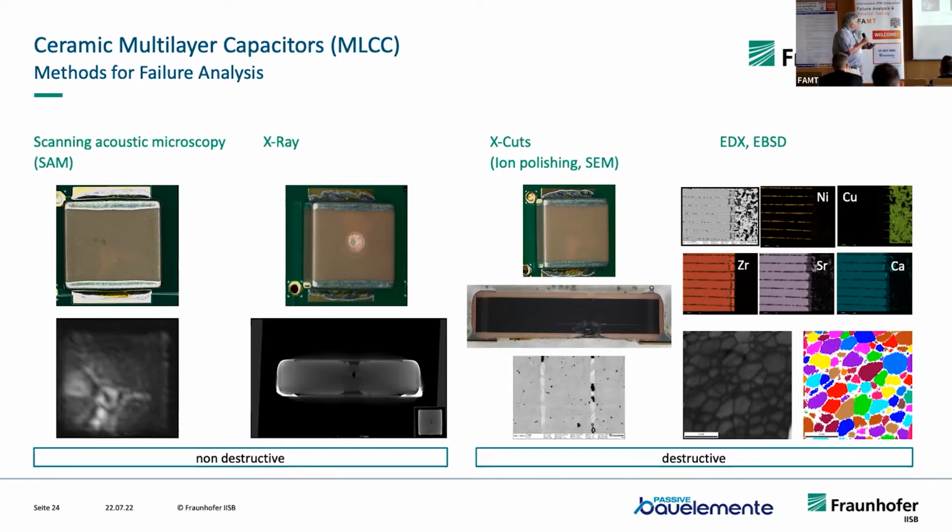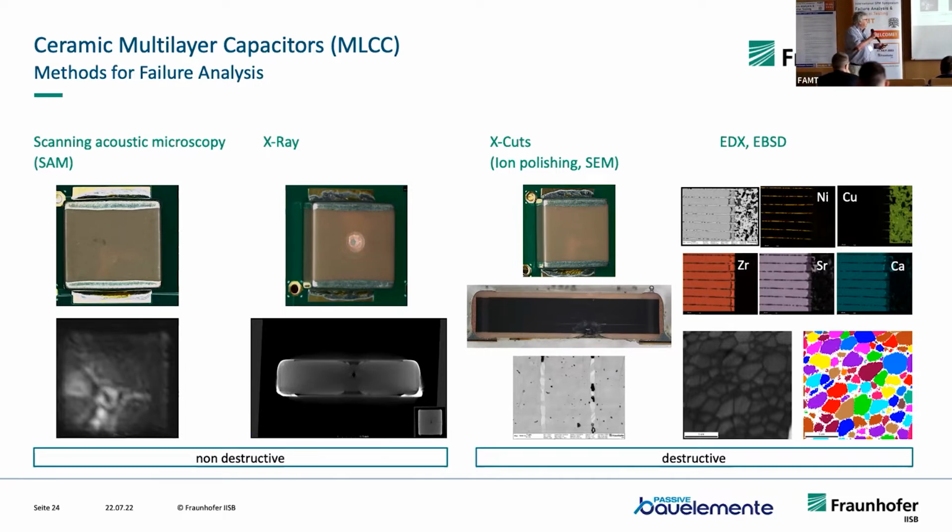And when you look at all these pictures, they are not really convincing in terms of resolution and to really attribute failure modes. At the end of the day, it's the painful crosscut and preparation to find some of the root causes.